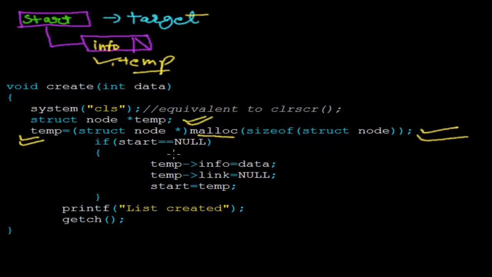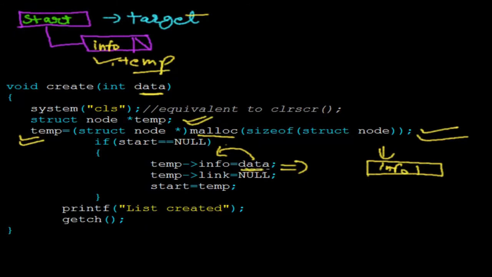Then if start equal to null, means if we are creating the first node, then copy the data part into the info part of the node. Means we have the info part in our temp node. We will copy the data which we have received from the user into this node.